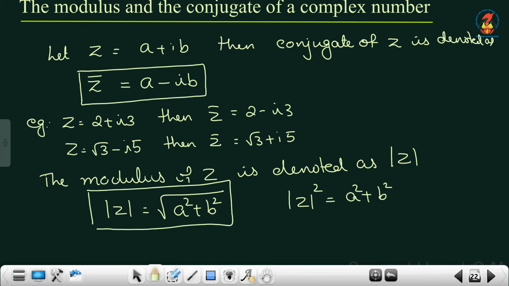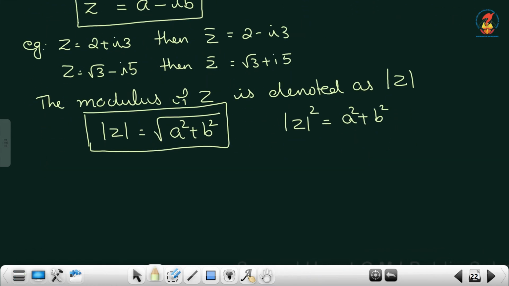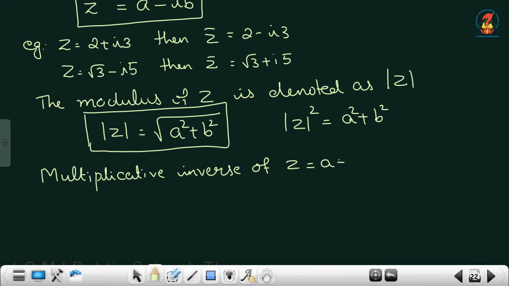Now, what is a multiplicative inverse? Multiplicative inverse of z equal to a plus ib is 1 by z, isn't it? So 1 by z means 1 by a plus ib, and a plus ib is an imaginary number.